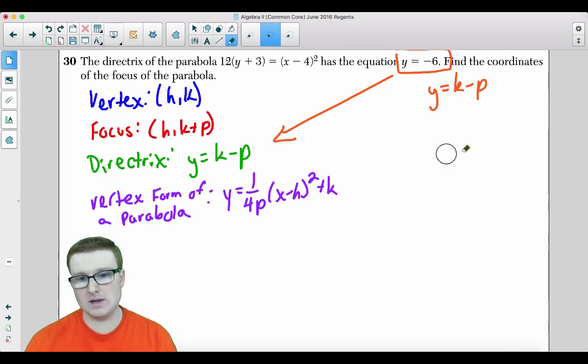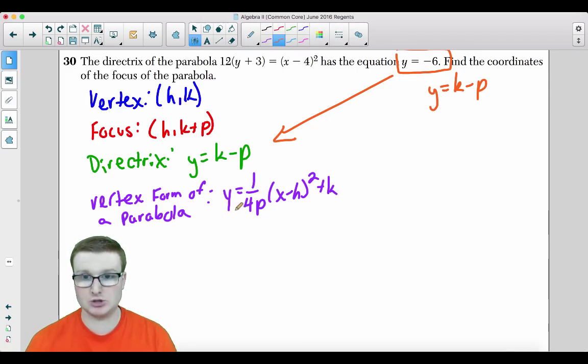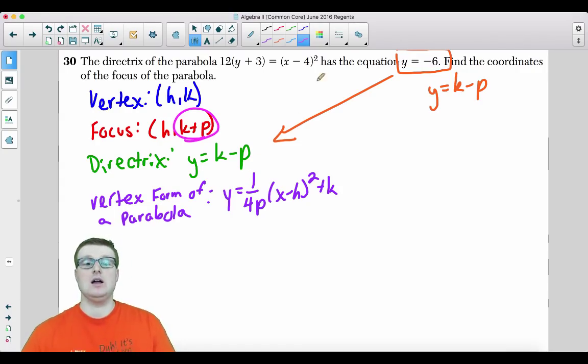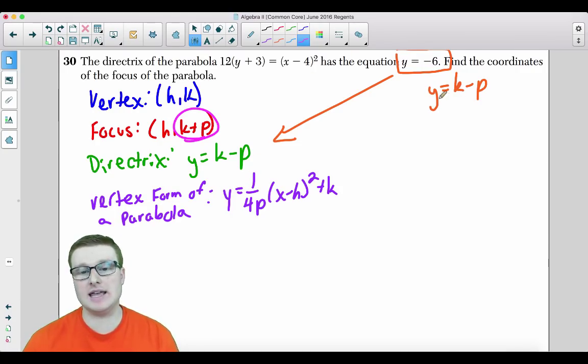So what we could do is this. The main idea is trying to find the focus. The focus, we have no idea what it is. We're trying to find that k plus p first. So let's calculate what the values of k and p might be. I'm going to take that negative 6 and plug it in for y. So we get negative 6 equals k minus p.